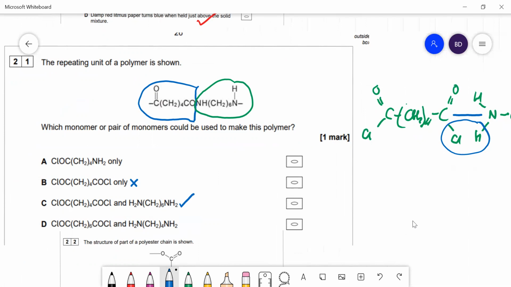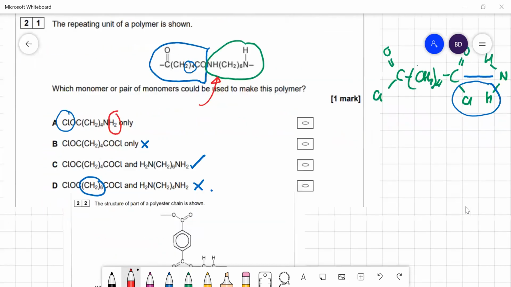This one wouldn't work because you've got 6 carbons there, and there's only 4 there. That's what was throwing me a little bit there. So C is the right answer. A wouldn't work either. It would polymerize, but that acyl chloride would react with the NH2 on an adjacent one, and it wouldn't give you that polymer. It would be a different polymer.